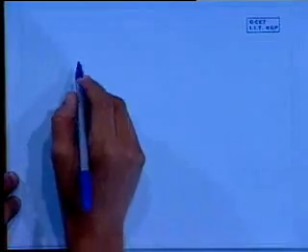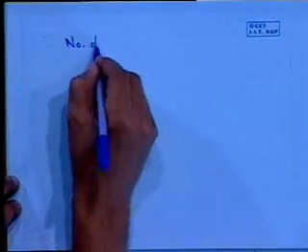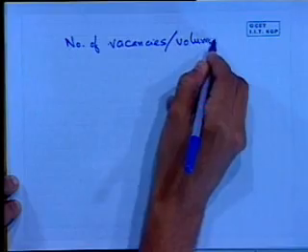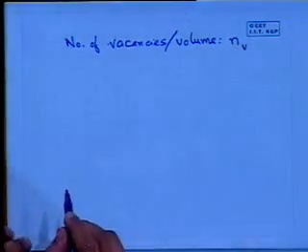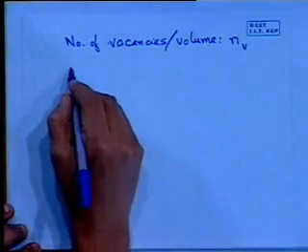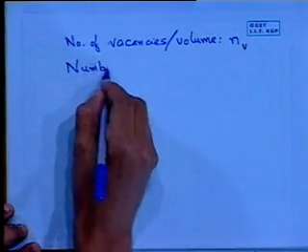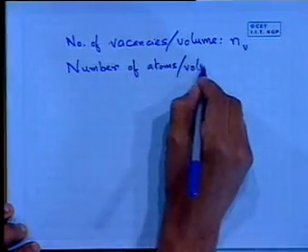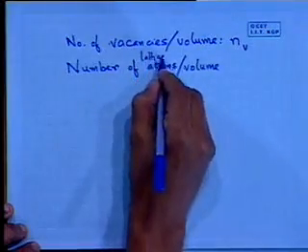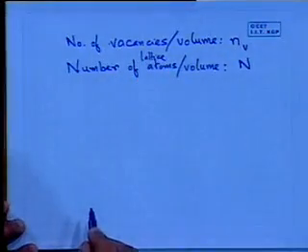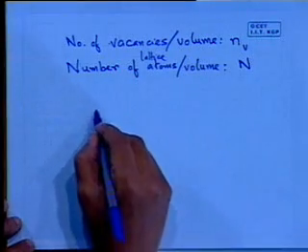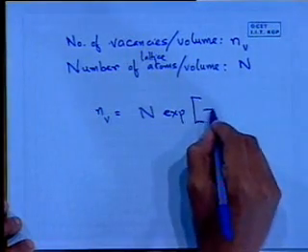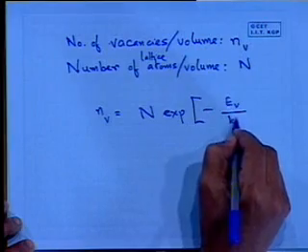And it is seen that the number of vacancies per unit volume, if we denote that as N_V, the number of lattice atoms per unit volume we denote by N, then we have that N_V is equal to N exponential minus E_V by kT.